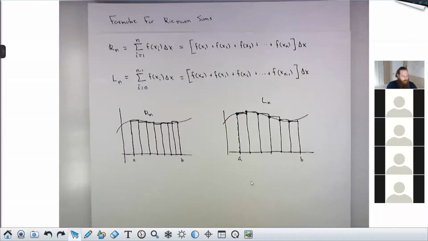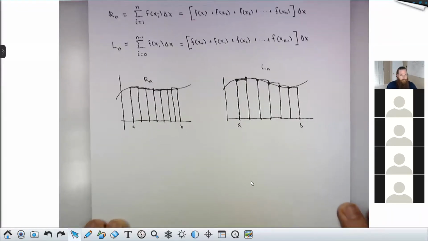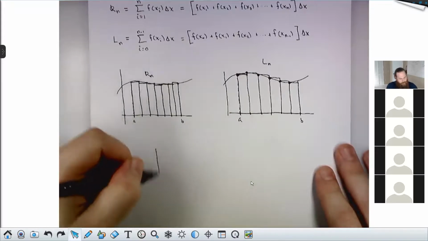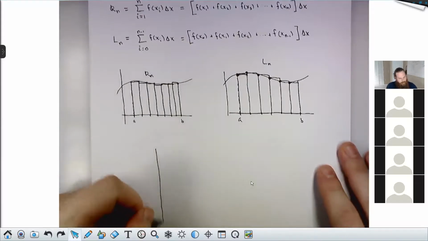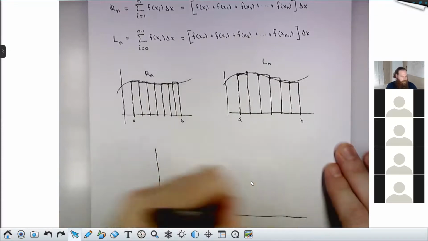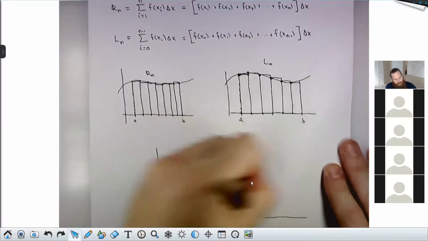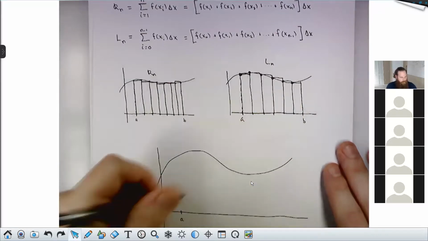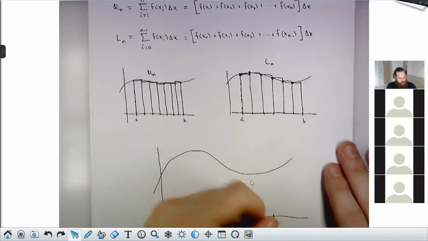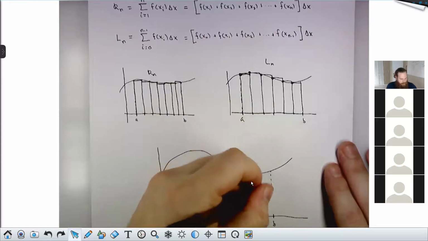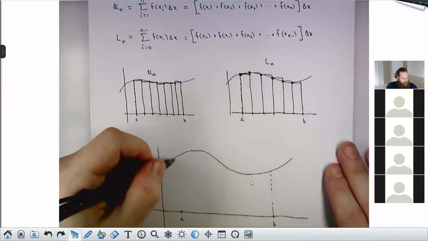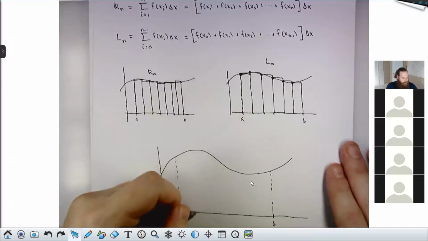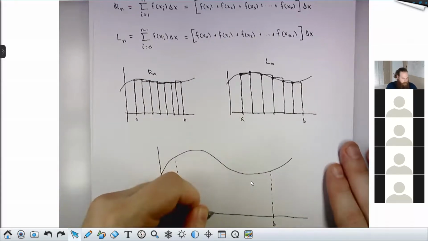The midpoint rule is its own thing. And to help you see this, I'm going to draw this picture a little bigger and with more accentuated curvature. Same deal, we're going to chop it up into a bunch of subintervals.